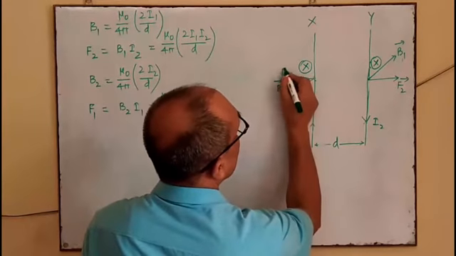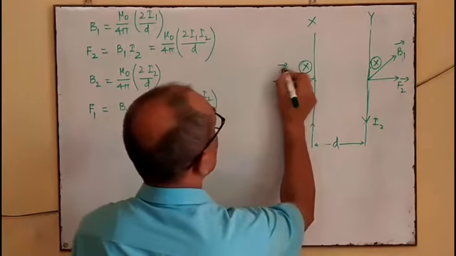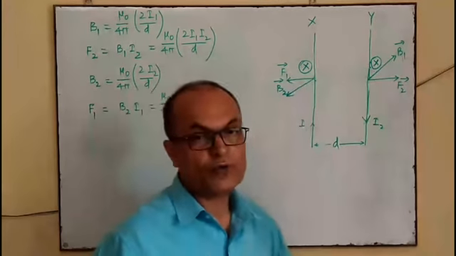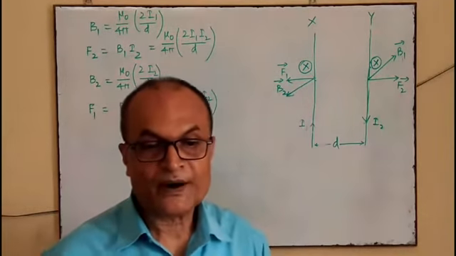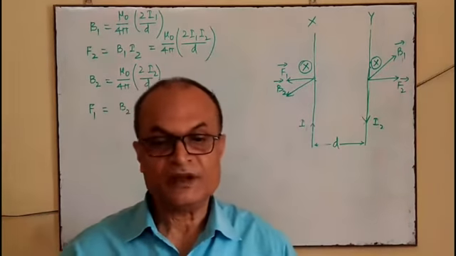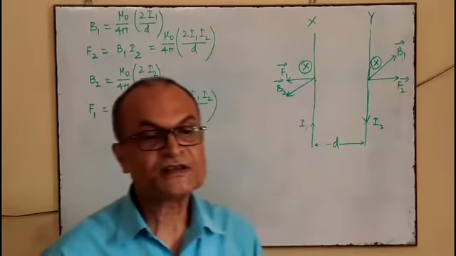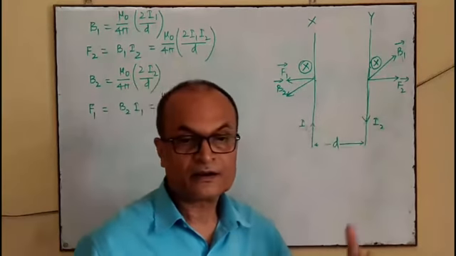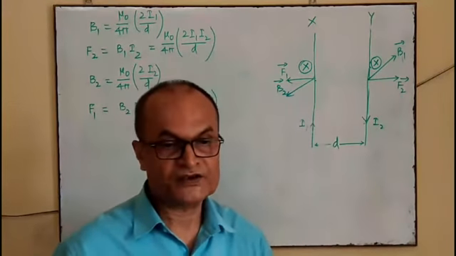This is the force F1. So these forces F1 and F2 are equal in magnitude, but they are directed away from each other. So these forces repel, and these two wires repel each other.